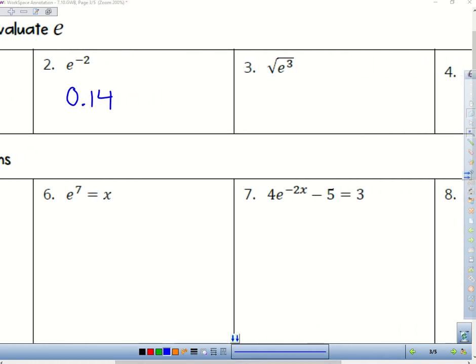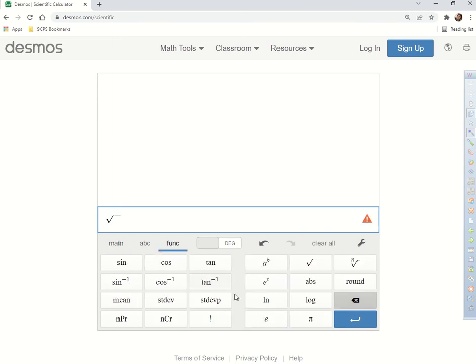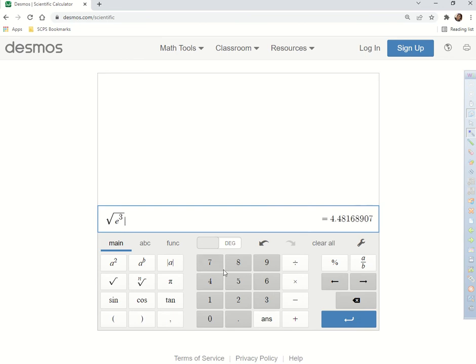All right, so the next one, we're taking the square root of e to the 3rd power. So how we do that in Desmos is I clear out my calculator, I hit the square root button, and then I go to function, e to the x, and then I can put it to the 3rd power within that square root. And that's going to give me approximately 4.48.